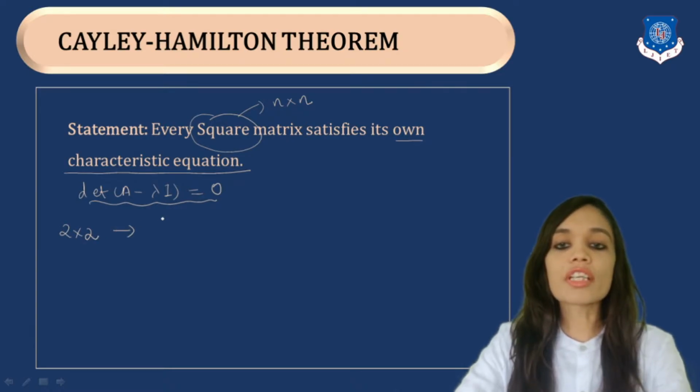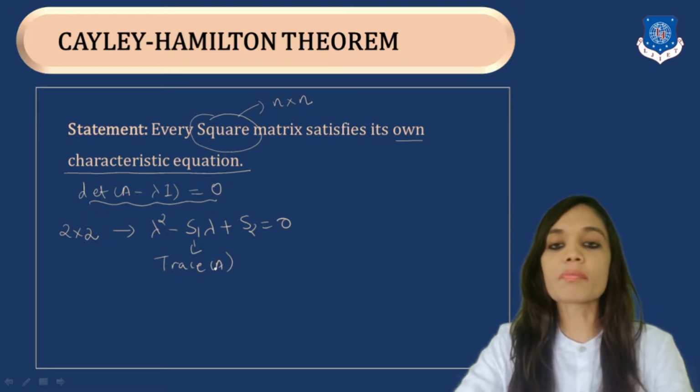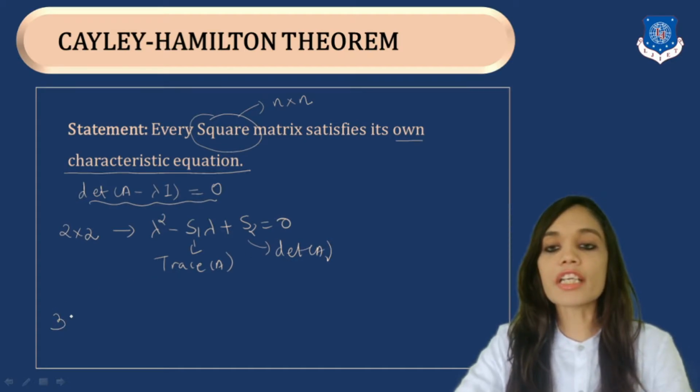The equation is given by lambda square minus s1 lambda plus s2 equals 0, where s1 is the trace of A, that means the sum of principal diagonal elements of the matrix A, and s2 is the determinant of A.